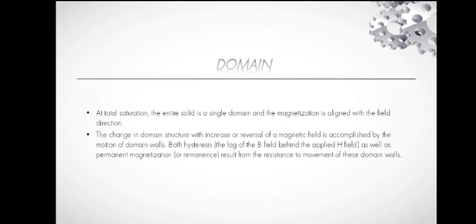The magnitude of the M field for the entire solid is the vector sum of the magnetization of all domains, each domain contribution being weighted by its volume fraction. For an unmagnetized specimen, the appropriately weighted vector sum of magnetization of all the domains is 0.